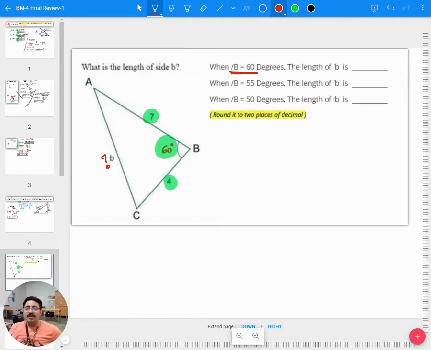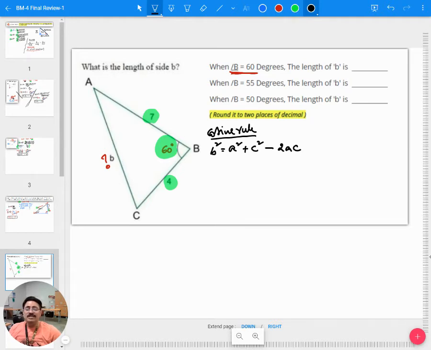So let me take the cosine rule here. The cosine rule is c square, but here instead of c square, I see that angle b is given, so let me write b square equal to the other two letters, which are a square plus c square minus 2ac cos.